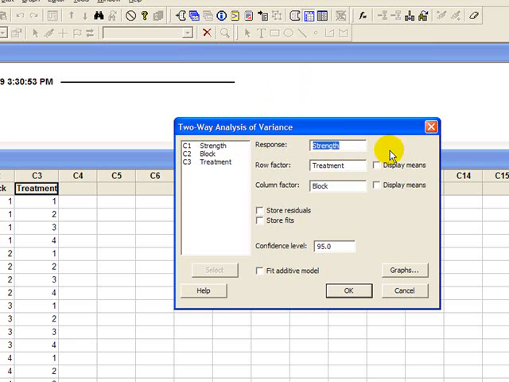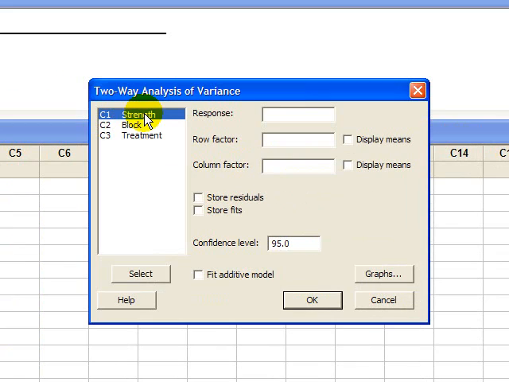Now see here, we have 3 columns: one column representing the strength, the actual observation of the experiment, the second column representing the block, which is the bolt of the cloth, and the third column representing the chemical agent, the treatment, right? So our response variable is strength, so I'm going to select that and put it in here.